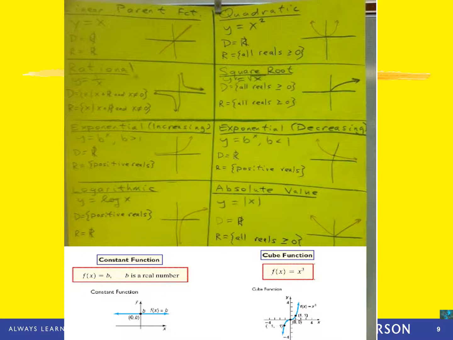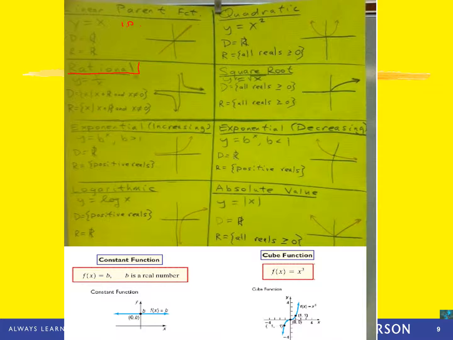Here's a poster I made of parent functions, and you might want to save this, or something like it, to refer to. You see the linear parent function, which in this video we have called the identity function. Quadratic function or squaring function. The rational parent function was actually not in the previous slides, but that's an important one.